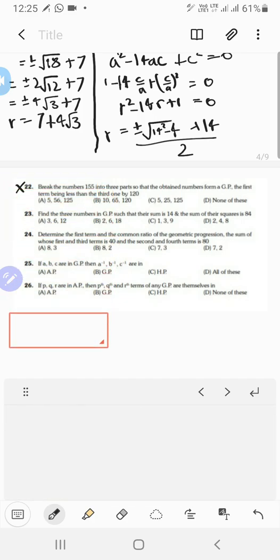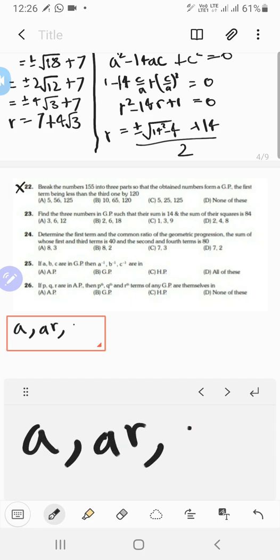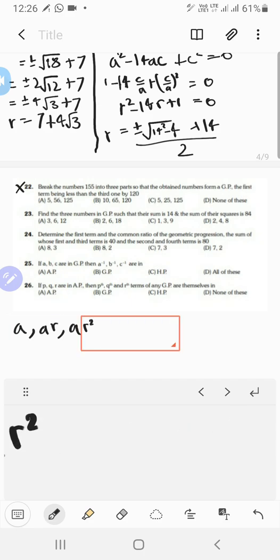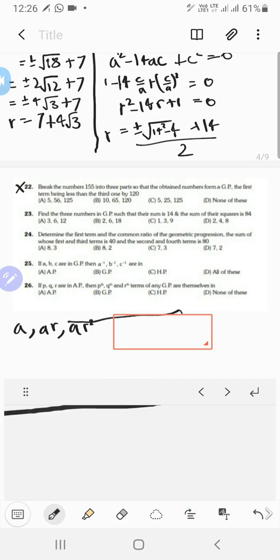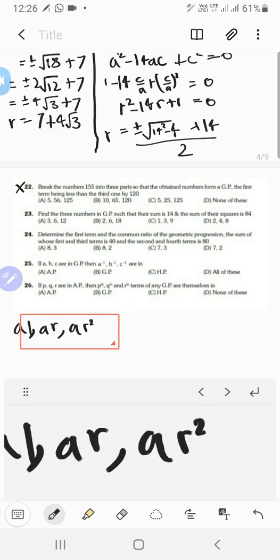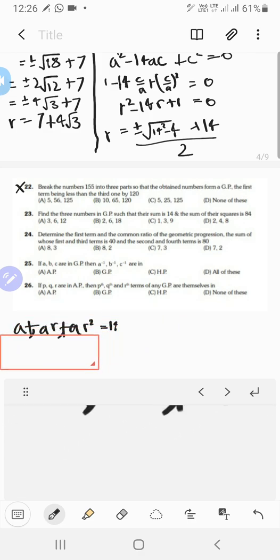Find 3 numbers in GP such that their sum is 14 and the sum of their squares is 84. That's nice. Suppose these 3 numbers in GP are a, ar and ar squared, and you're given that their sum is 14, and the sum of the squares is 84.